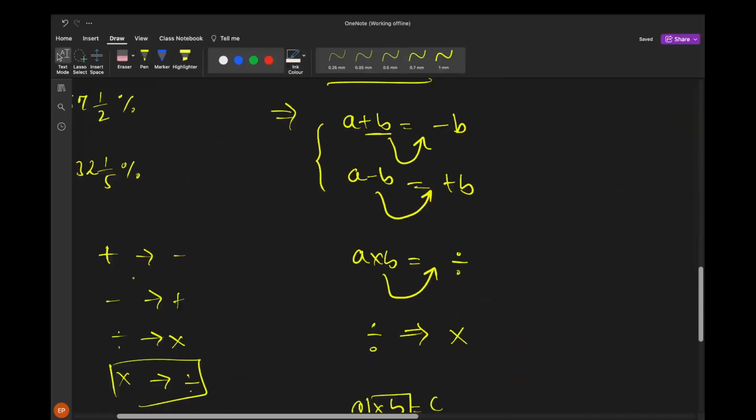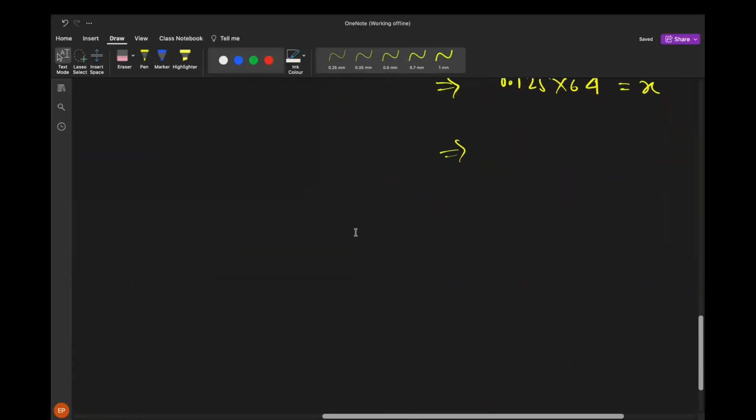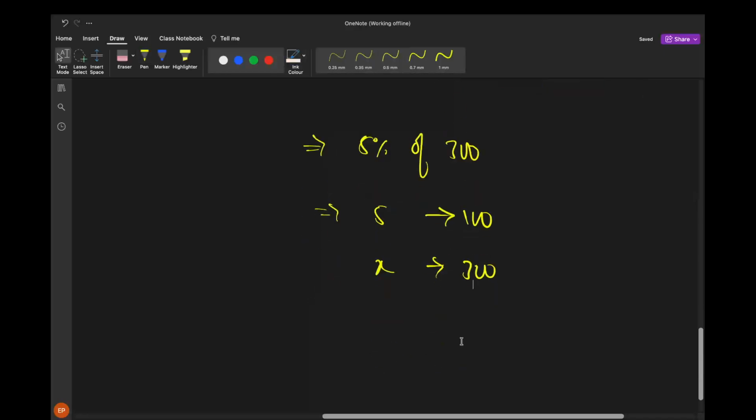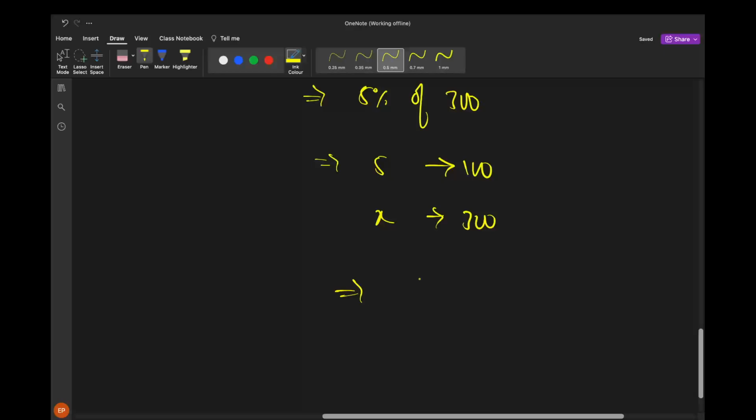5% of 300. 5% of 300 means 5 for 100. How much for 300? Which gives 5 into 300, which is equal to 100 into x. 100 into x or x into 100, both are the same.